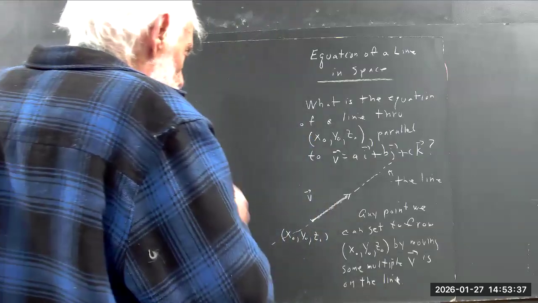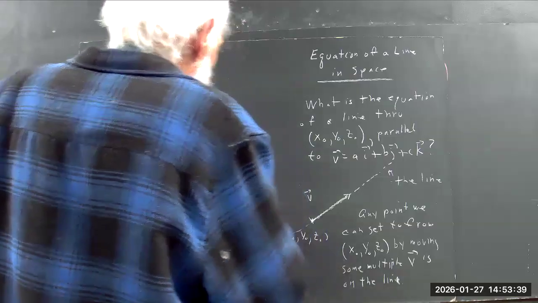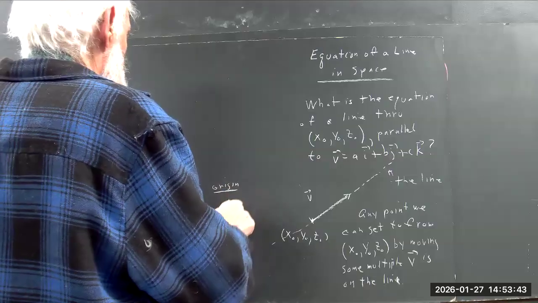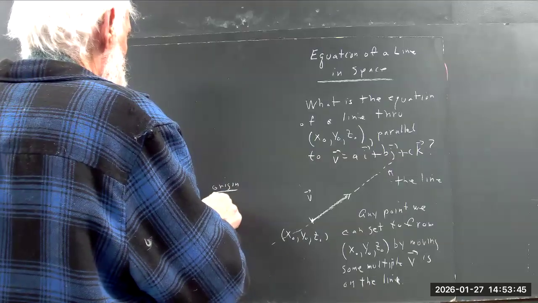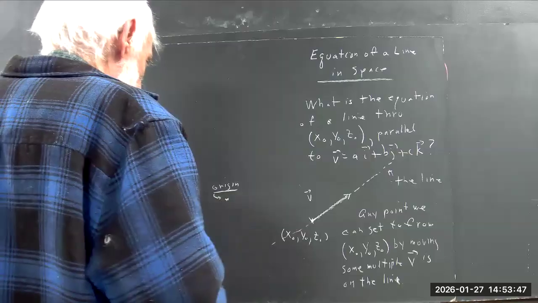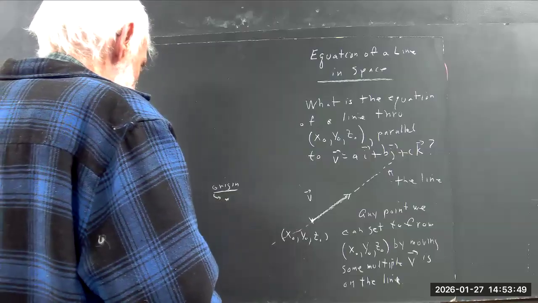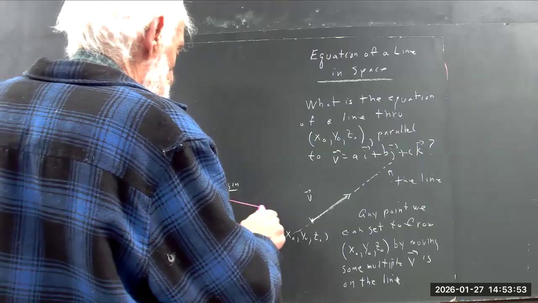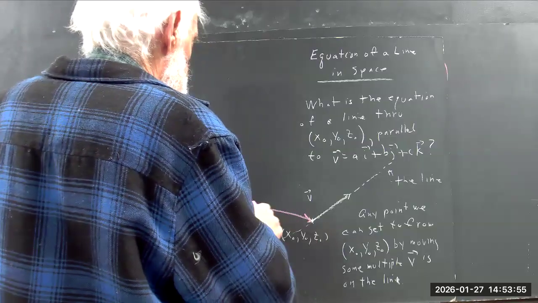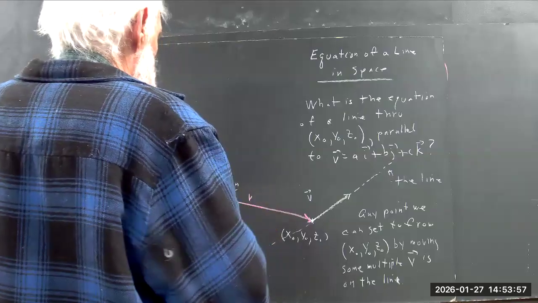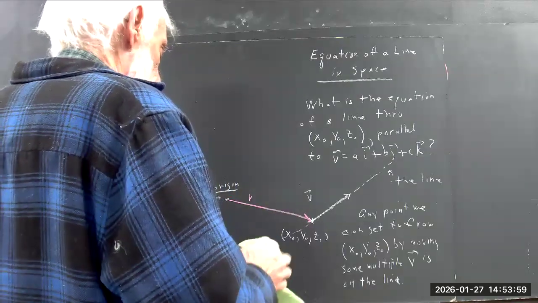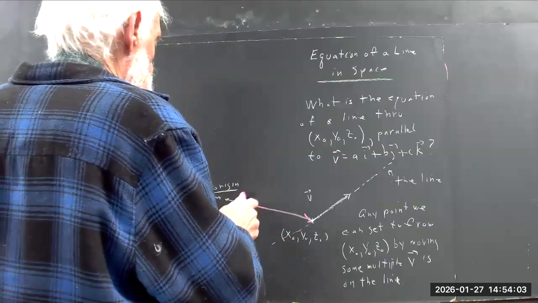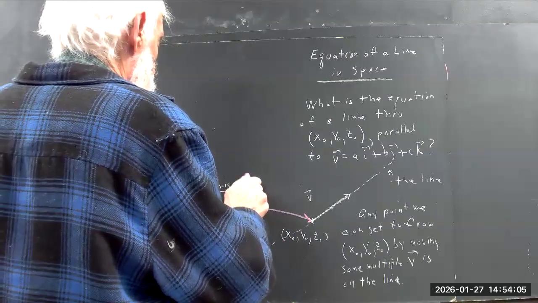So now I'm going to say, okay, let's just say my origin is here. I'm going to invoke an R vector. And we use a lot of R vectors in this course.